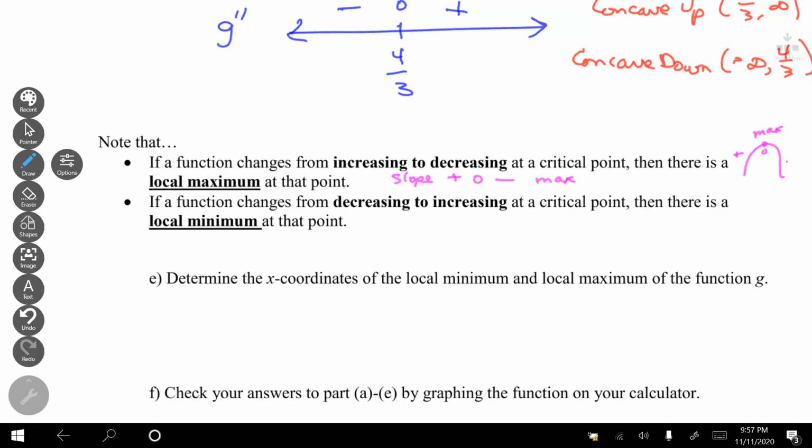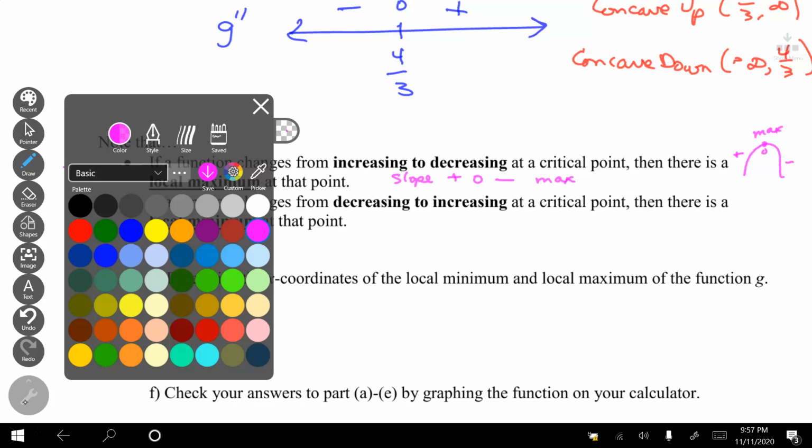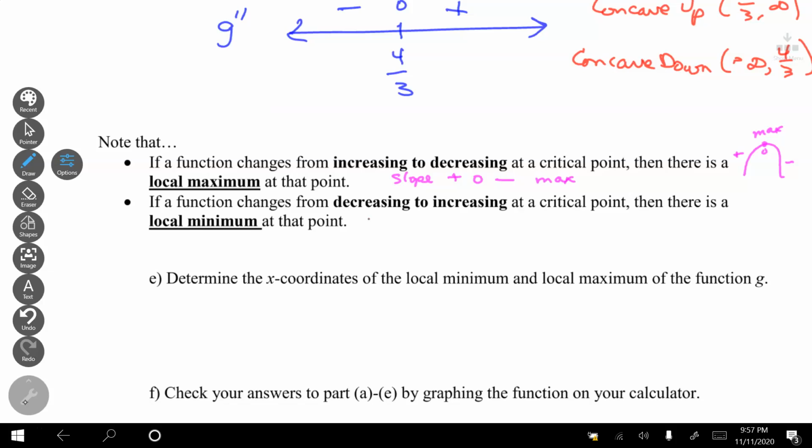Conversely, if I have a slope that goes negative, 0, to positive, I have a min, because it looks like this: a negative slope, a 0 slope, a positive slope, and this is a minimum.